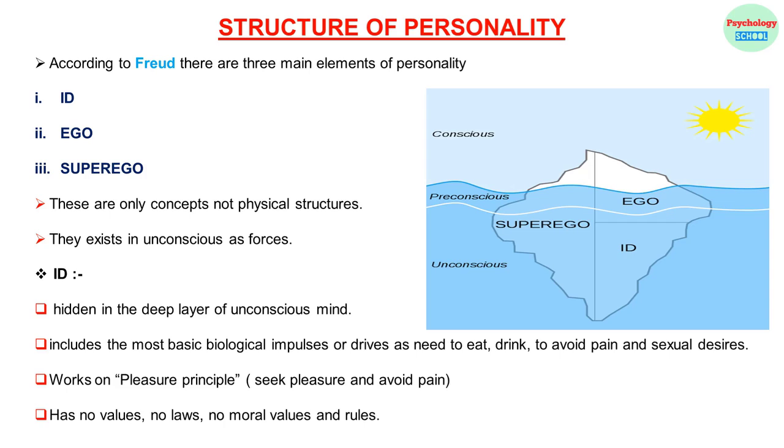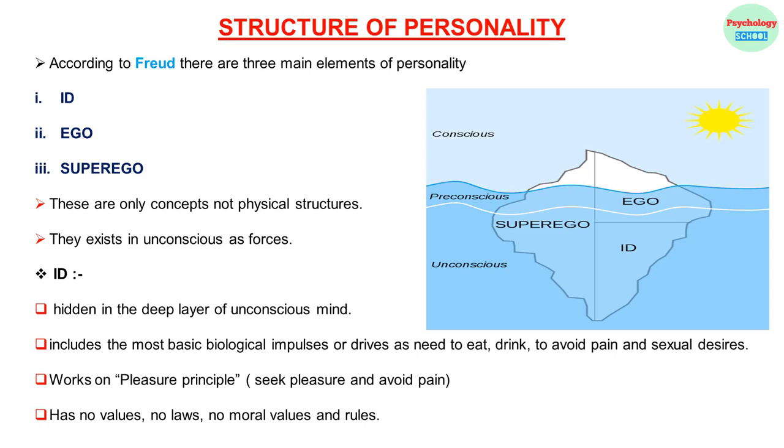Now it includes the most basic biological impulses or drives, such as the need to eat, to drink, to avoid pain, and sexual desires. So Freud believed that aggression is also a basic biological drive, and it works on the pleasure principle.